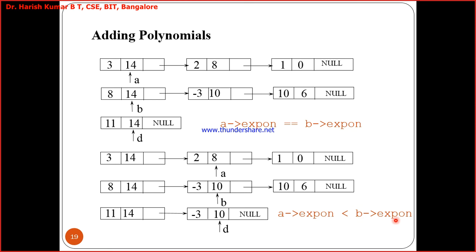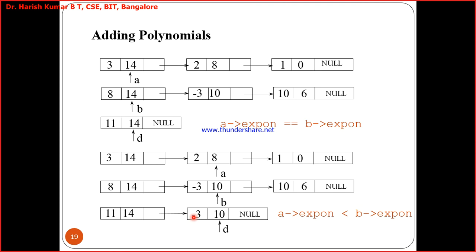In polynomial addition you always take the term which has the greater exponent. Now which term has the greater exponent? The term in the b polynomial, because a arrow exponent is less than b arrow exponent.